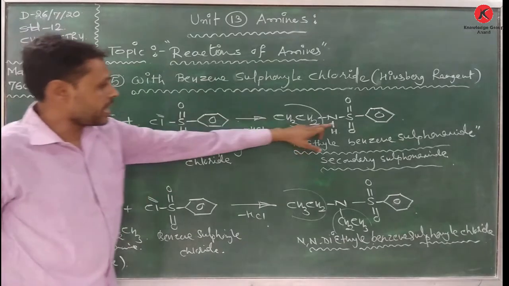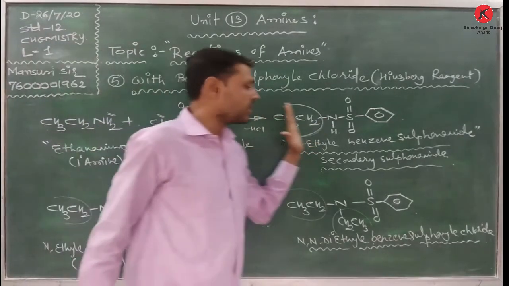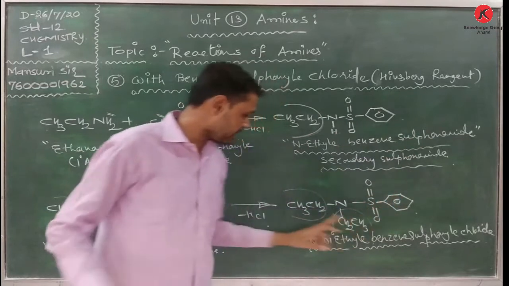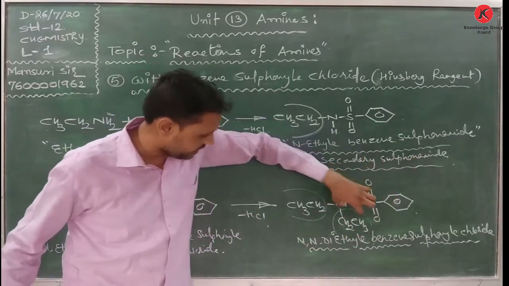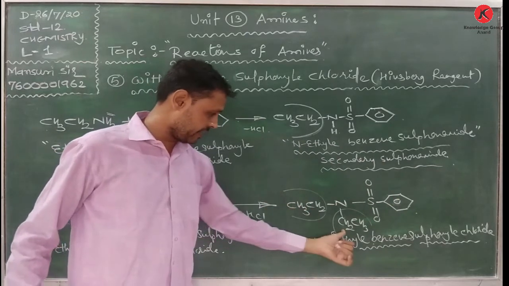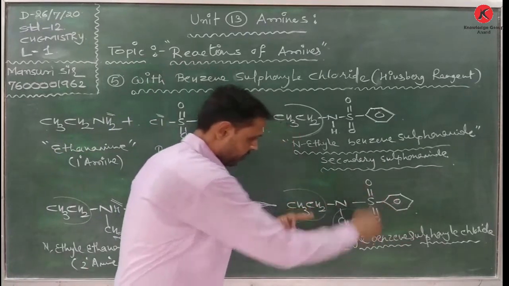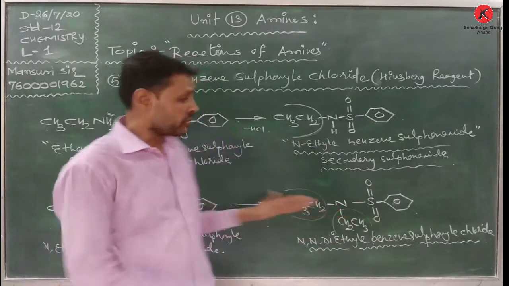Then N-ethyl benzene sulfonamide is obtained, and thereafter N,N-diethyl benzene sulfonamide is obtained respectively.